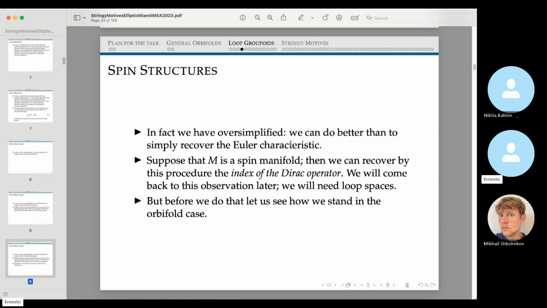And it's just generalizing from the Laplacian to the square root of the Laplacian. This square root can only be taken in a well-defined fashion if the manifold is orientable, really, namely the first Stiefel-Whitney class vanishes.